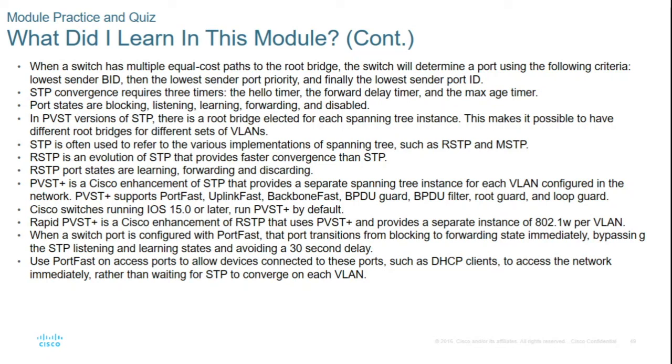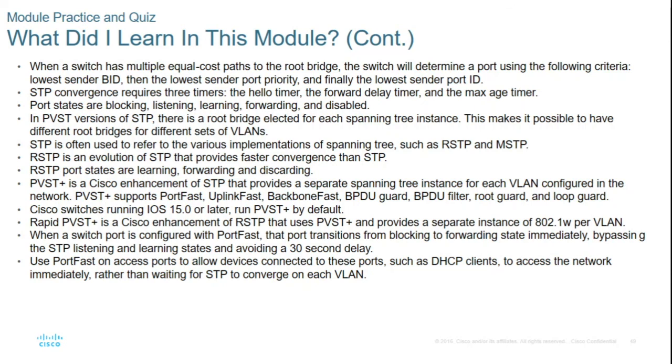For the evolution of STP, here we have learned about different STP implementations and enhancements, such as the original STP IEEE 802.1D-1998, the updated version of STP, which is 802.1D-2004, RSTP, PVST+, Rapid PVST+, MSTP, and MST.